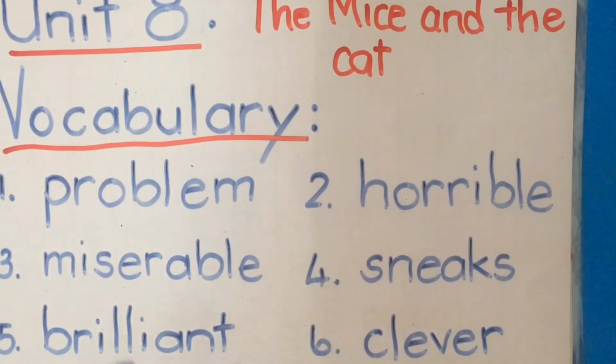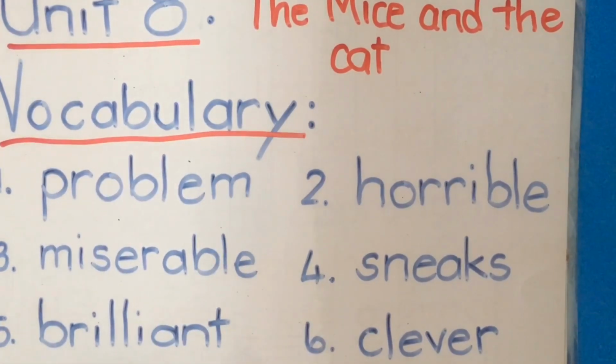Let's look at number 3, miserable. What does miserable mean? Miserable means causing extreme discomfort and unhappiness. Example, miserable weather. It's wet and it's rainy outside.